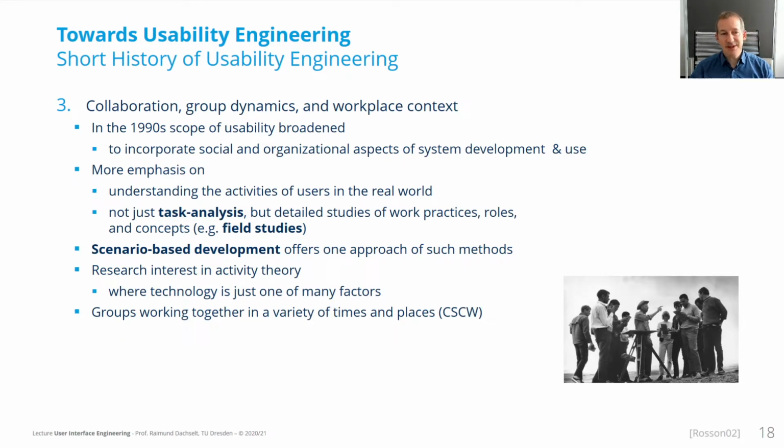The third aspect contributed, especially in the 1990s, to the development of usability engineering. And this is to take into account that people are not isolated, and that people have a workplace, a context where they work, and of course that they collaborate and cooperate with other people. So the scope of usability was broadened to also incorporate social and organizational aspects of system development and use.